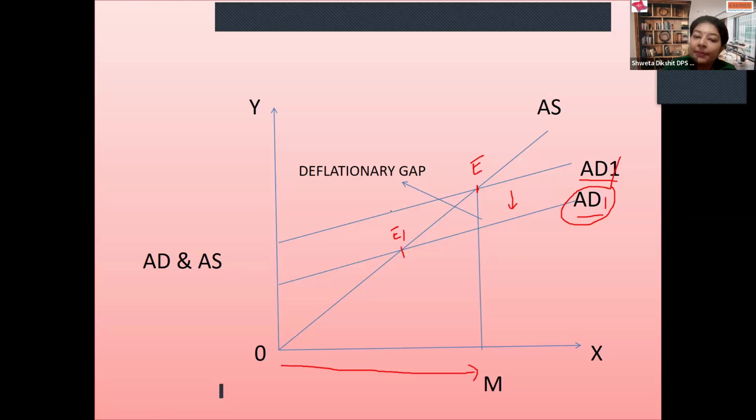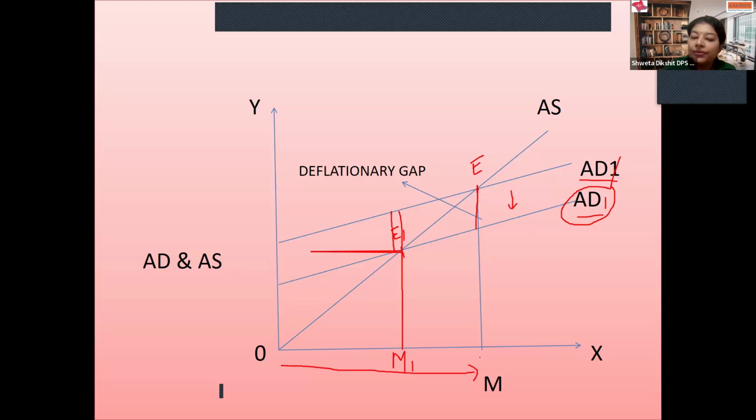So this gap here is the deflationary gap. This gap is being caused because of lesser demand than what we had planned. Because there is a deflationary gap, there can be a situation of lesser income. That means M can be shifted to M1.